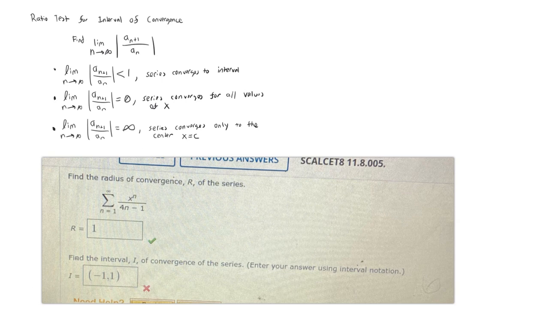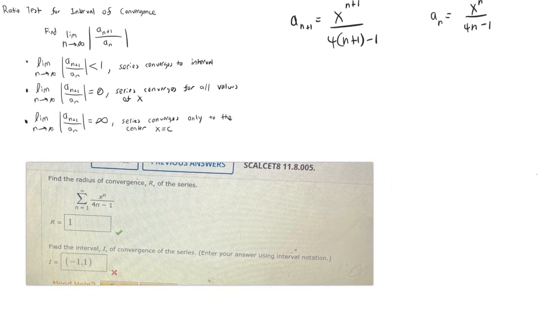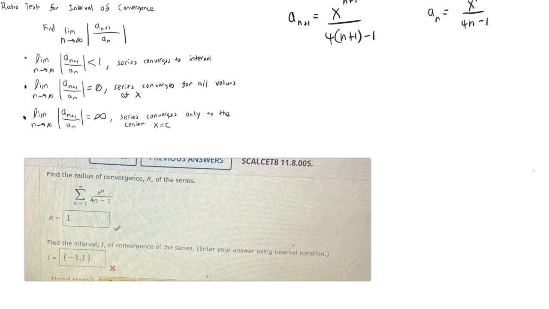Probably a good idea to get clear on what your a sub n plus 1 is. That's going to be x to the n plus 1 all over 4 times n plus 1 minus 1. And of course, our a sub n is just x to the n power all over 4n minus 1. So all you have to do from here is perform that test.